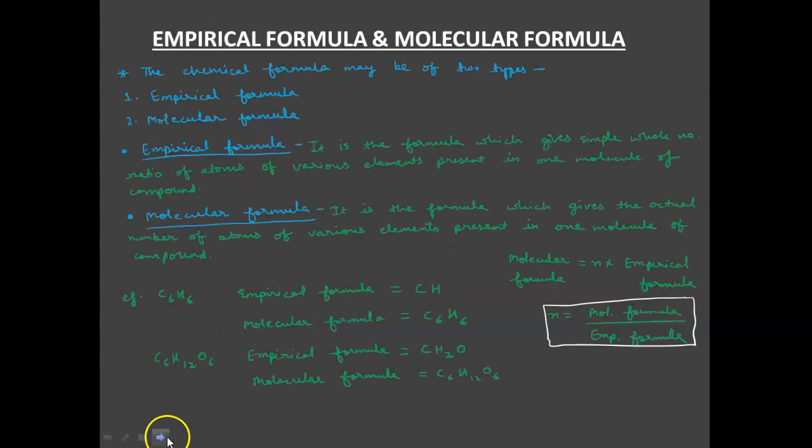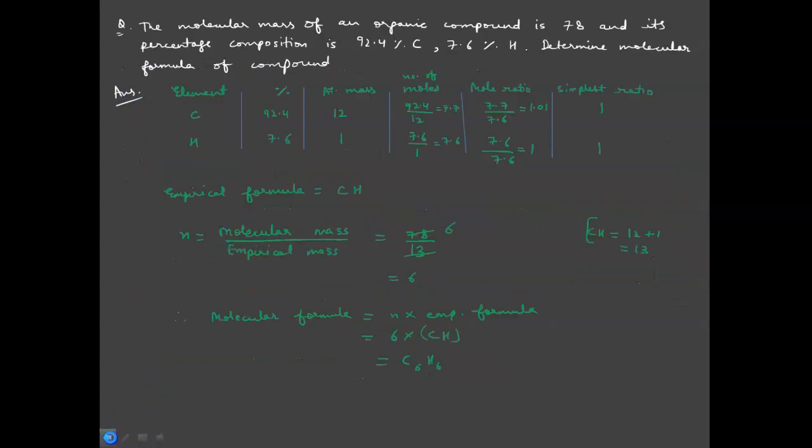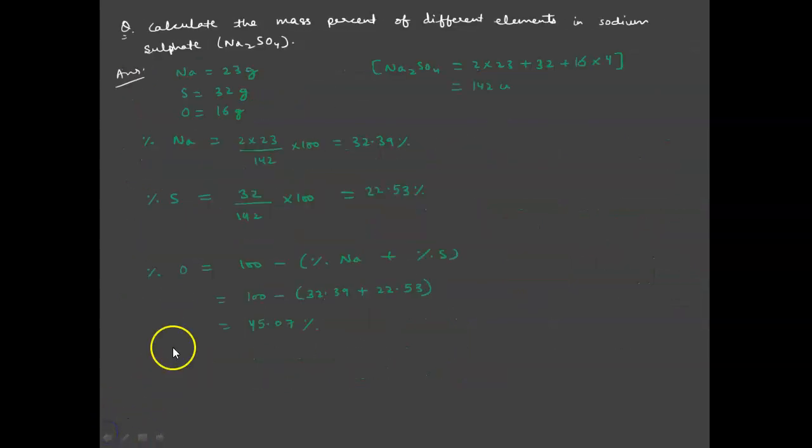Remember this thing, 2 into 23 divided by 142 into 100 comes out to be 32.39. For sulfur, 32 upon 142 total into 100 comes out to be 22.53%.